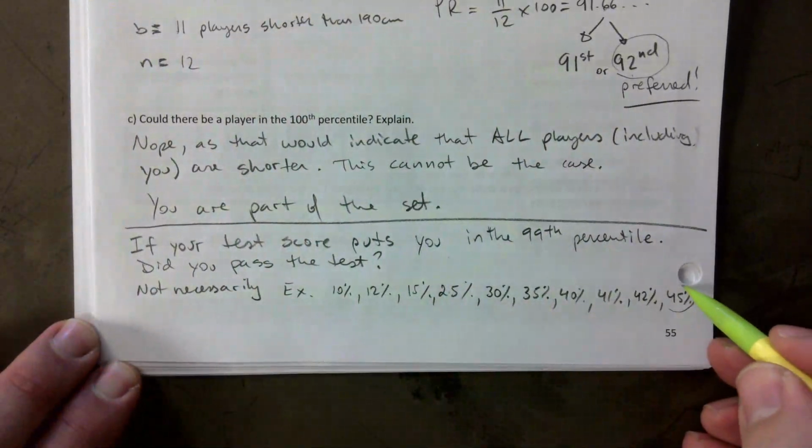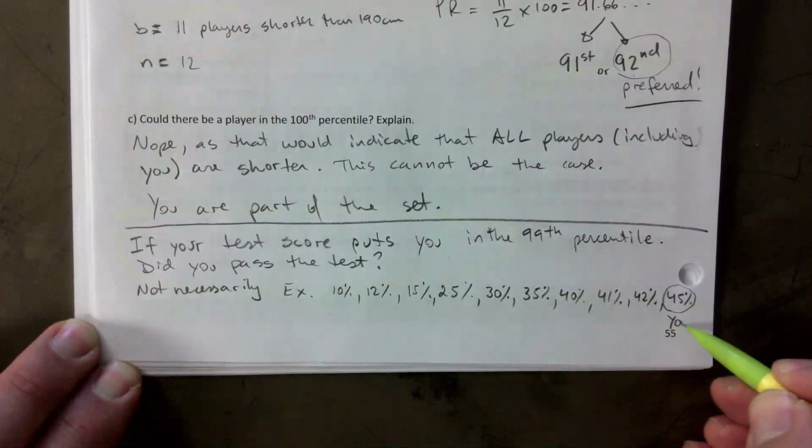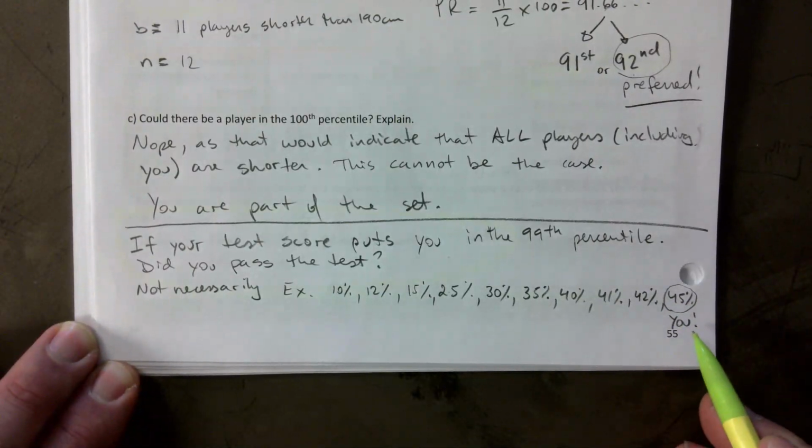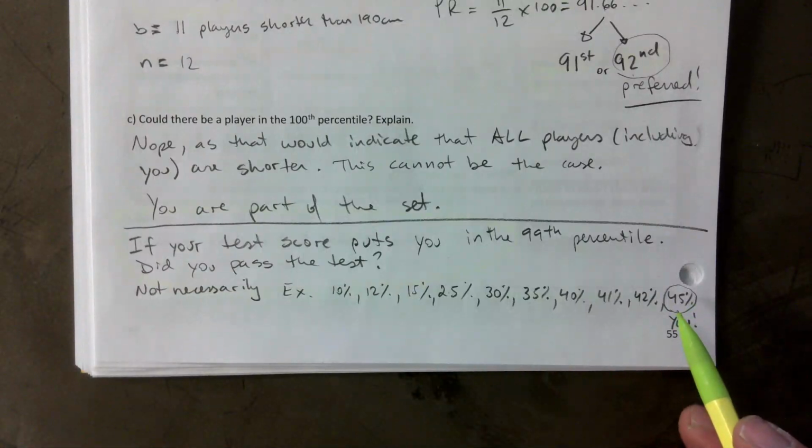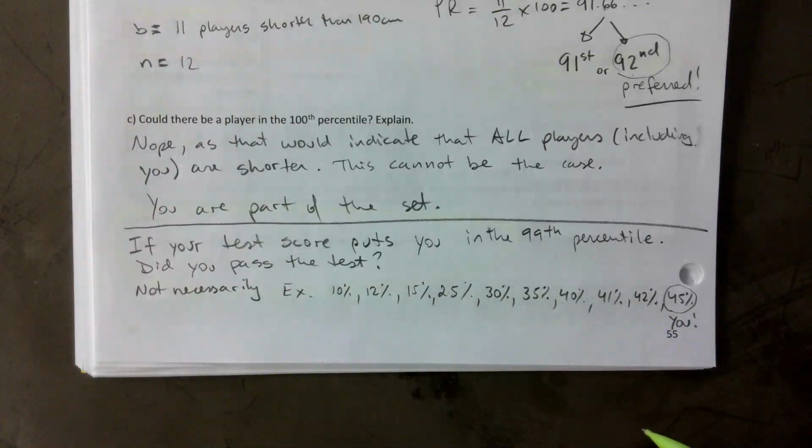This could be you. You could have had a test score of 45%, but still be in the PR 99.